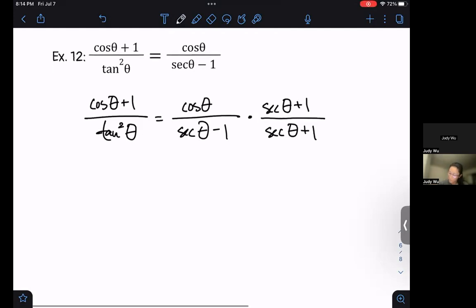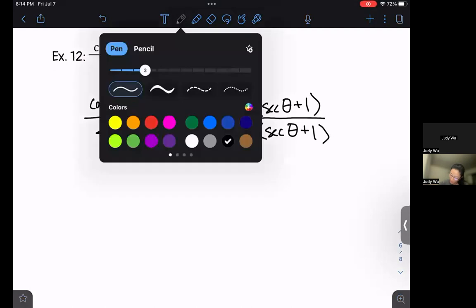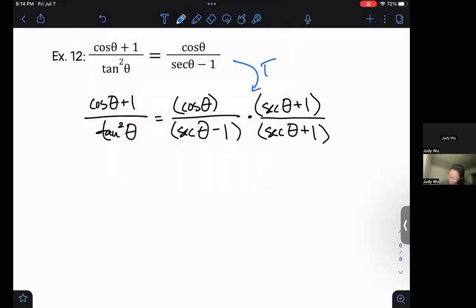Okay? Now, what this means is I'm going to be multiplying those two together on the bottom. And then the cosine, I'm going to multiply times secant plus 1. Okay? All right. We're going to write fancy 1. All right.